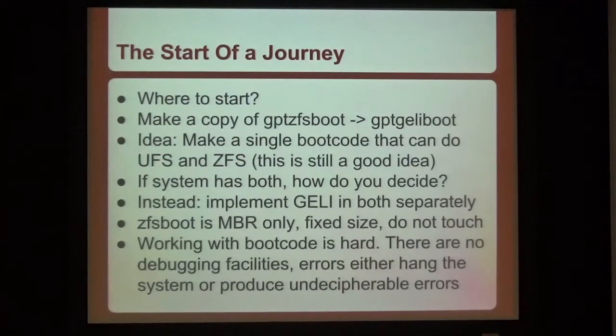In particular, the question was, if you have a system that has both a UFS and a ZFS partition, how do you decide which one to boot? Because GPT doesn't really have an active flag like MBR. I think there's a bootme flag. That's FreeBSD specific, that's not actually standard.